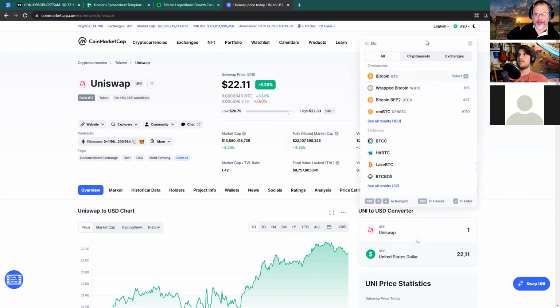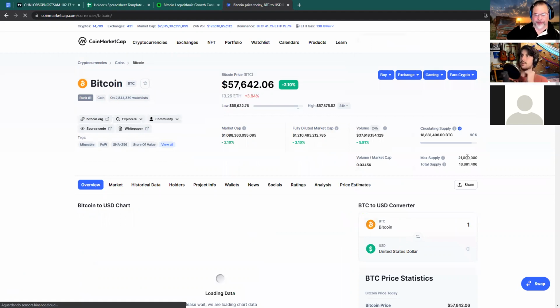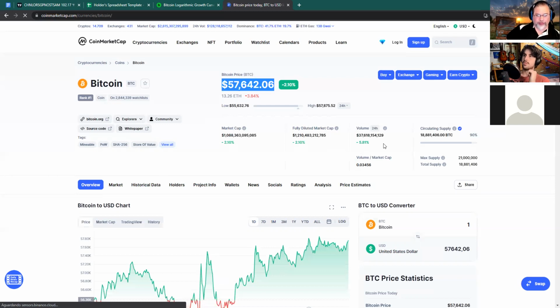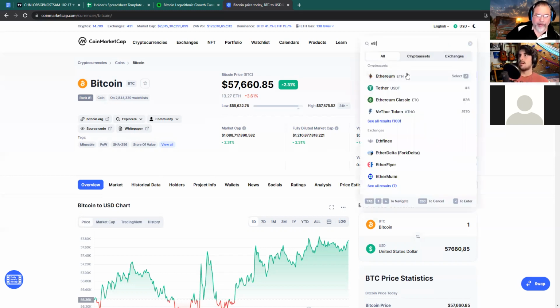Yeah. For example, in Bitcoin, it's taking the 21 million and multiplying it by the price. Whereas the usual market cap is just using the circulating supply and multiplying by the price. So how would they do that with coins like ETH that don't actually have a set cap? I don't think they do.